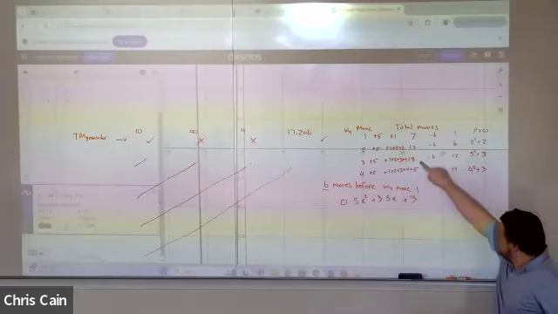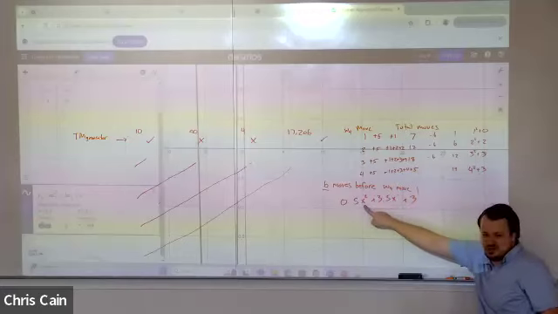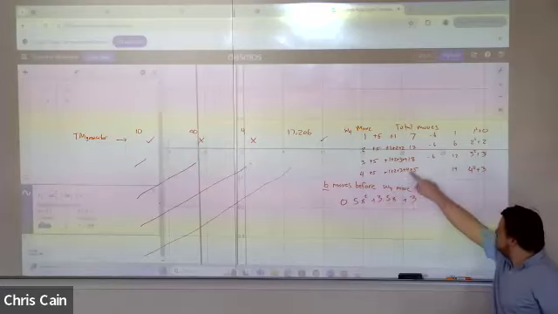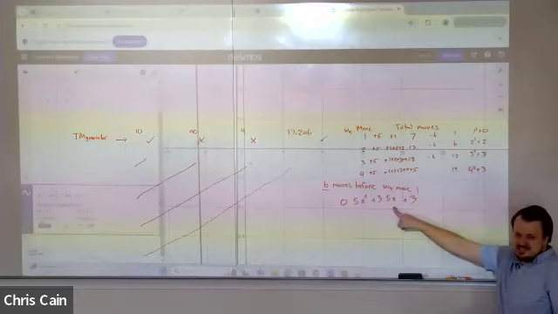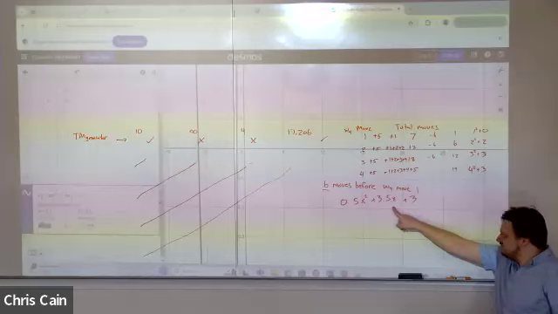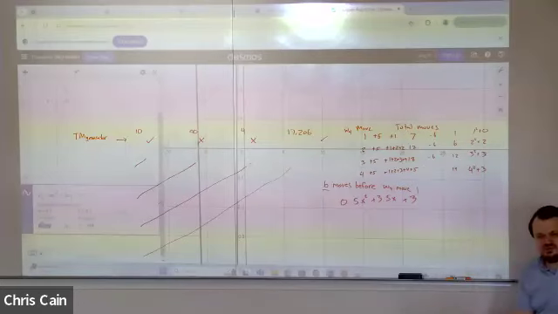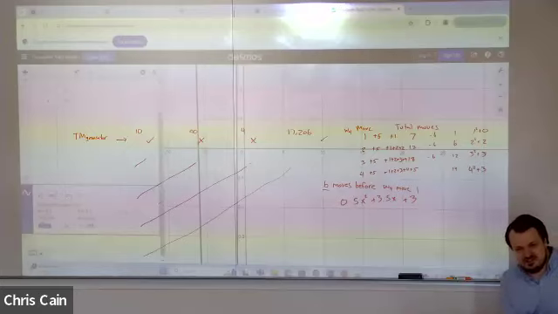To get the 18, 3 squared is 9, half of that is 4.5. 3.5 times 3 is 10.5. So 4.5 and 10.5, 15 plus 3 is 18.